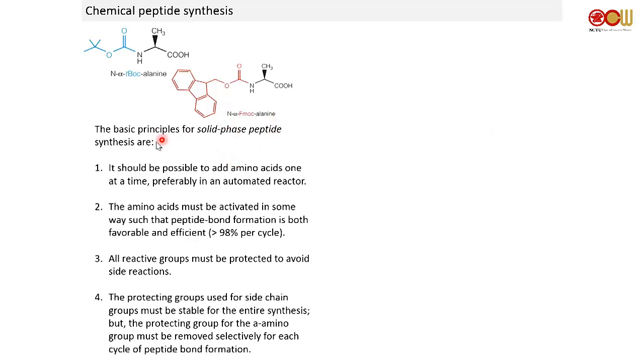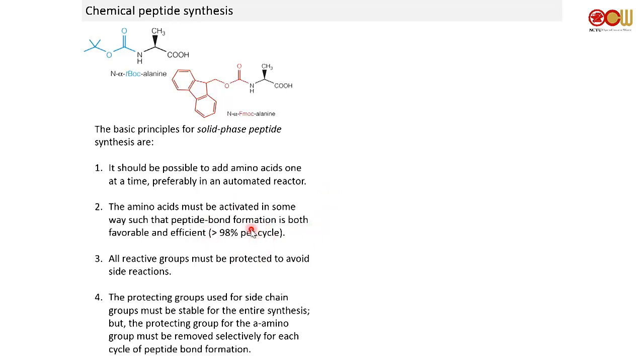Now, the basic principles are, number one, it should be possible to add amino acids one at a time, preferably in an automated manner so that people don't have to sit there and add solutions for you. Number two, the amino acids must be activated in some way such that peptide bond formation is both favorable and efficient, so that each cycle you have near 100%.